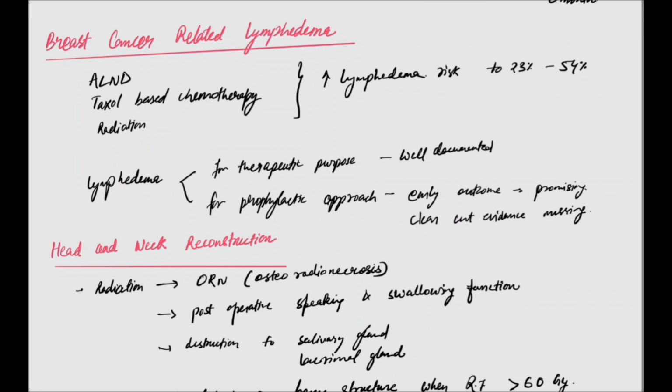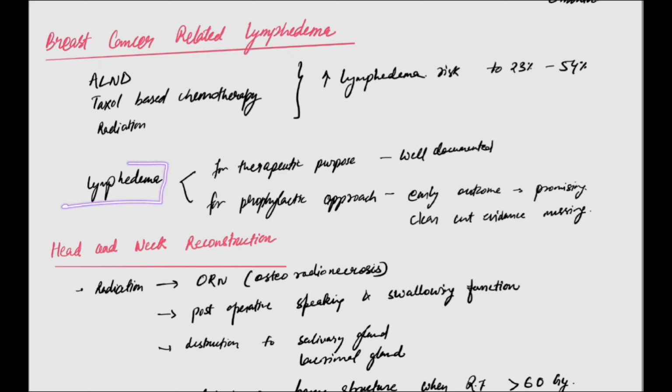Now coming to the breast cancer related lymphedema. Axillary lymph node dissection, Taxol based chemotherapy and radiation all cause increased lymphedema risk, which is approximately 23 to 54% in different studies.